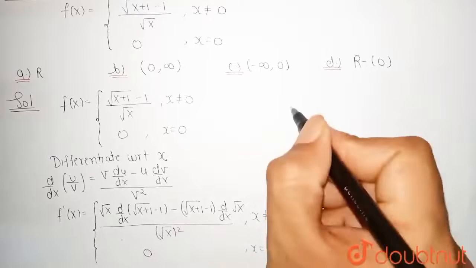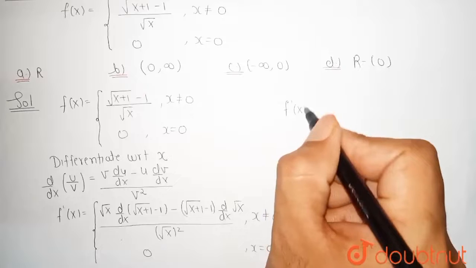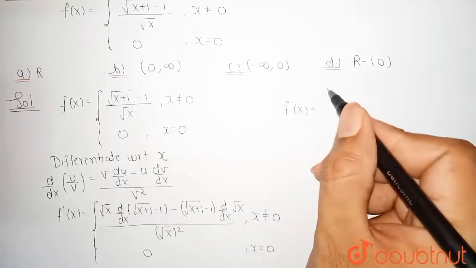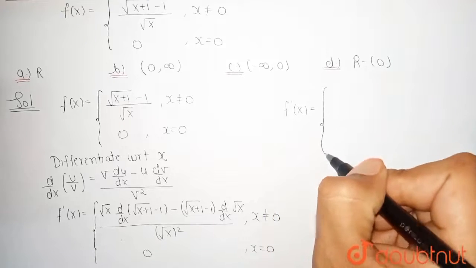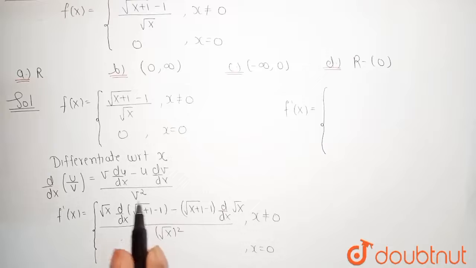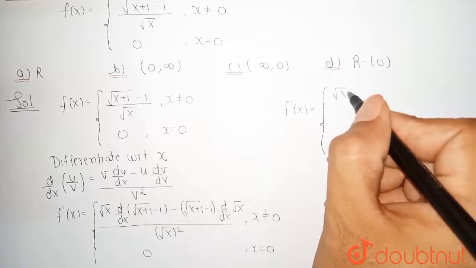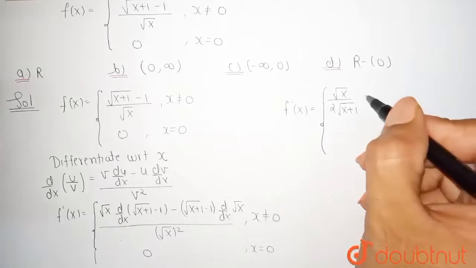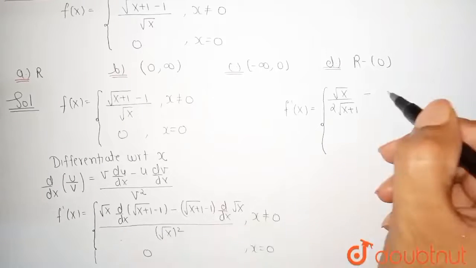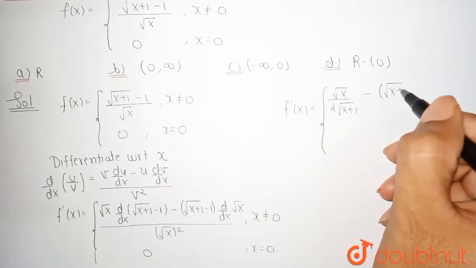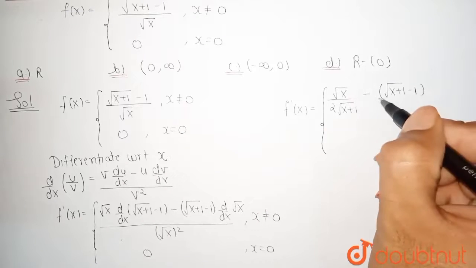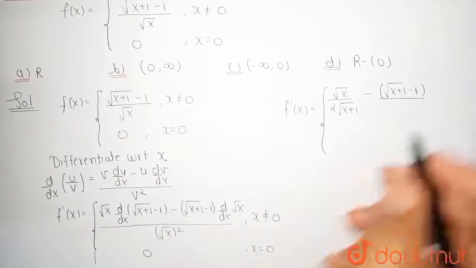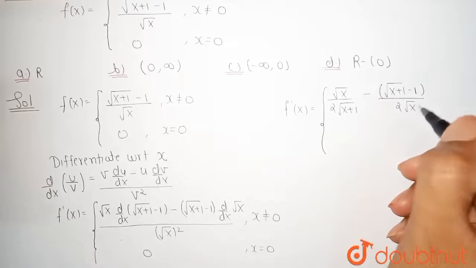The differentiation of root x plus 1 is 1 upon 2 root x plus 1, so the first term becomes root x upon 2 times root x plus 1, minus root x plus 1 minus 1 times the differentiation of root x, which is 1 upon 2 root x.